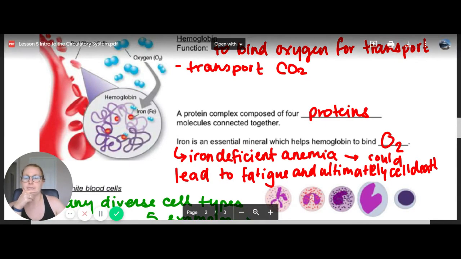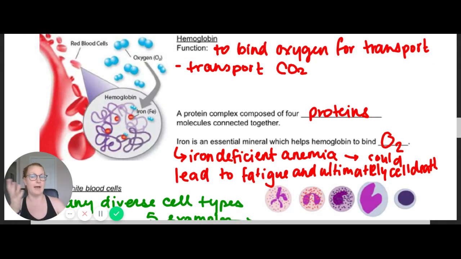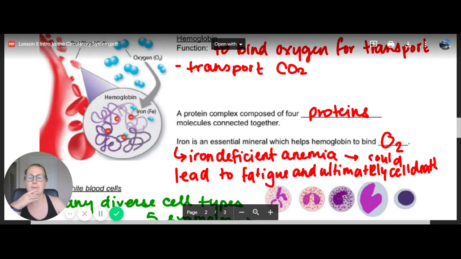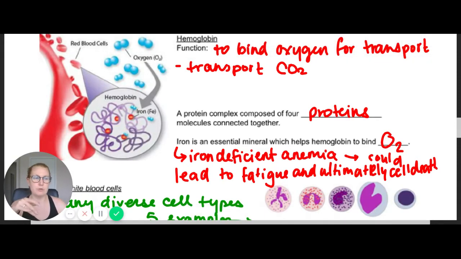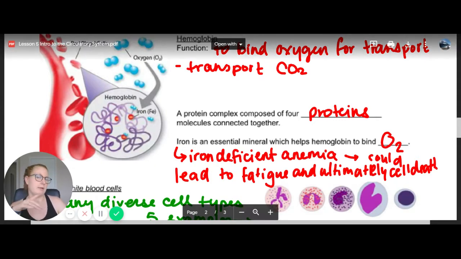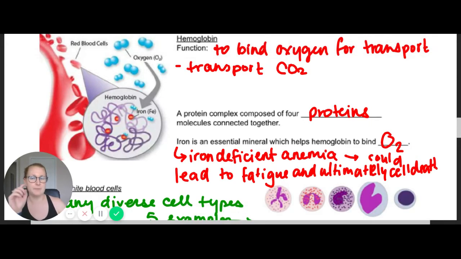And you'll also notice that there's these little red ones in here called iron, and that's just iron atoms. And I was mentioning before in lesson number 2, iron is a really important mineral. It's a micronutrient. We don't need a whole ton of it. But iron is really, really important here because it actually helps to attract oxygen to the hemoglobin.